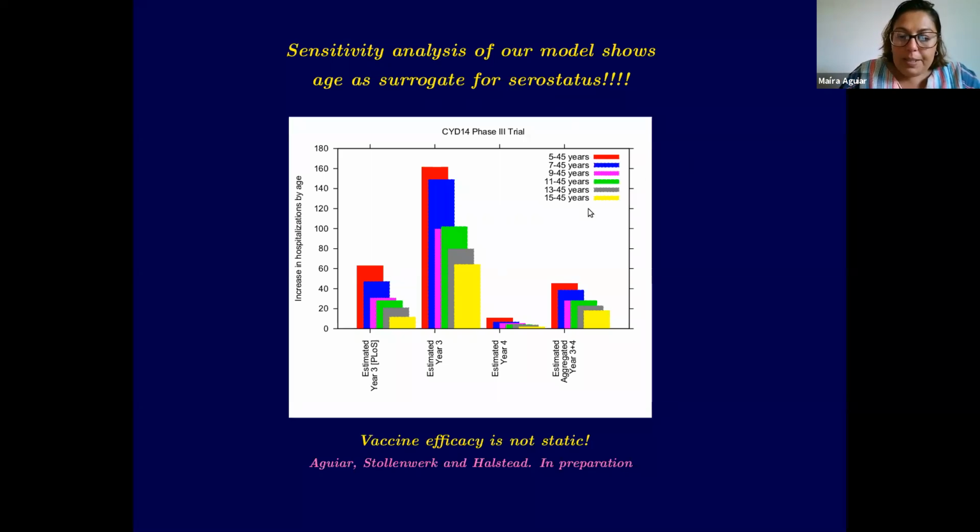But when we look at the vaccine efficacy estimated that we use for this exercise, we see that the younger you vaccinate, the more hospitalizations you have, and the older you vaccinate, the fewer. That's because older individuals are more exposed to the virus than younger individuals. So being seronegative or seropositive is correlated with age, especially in endemic countries.